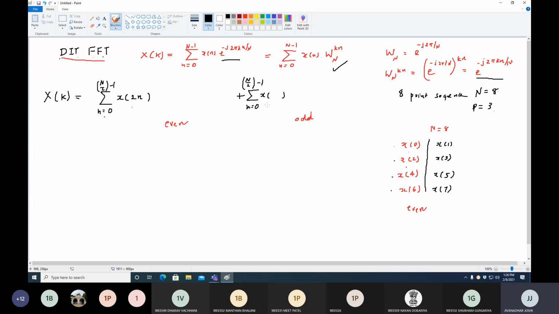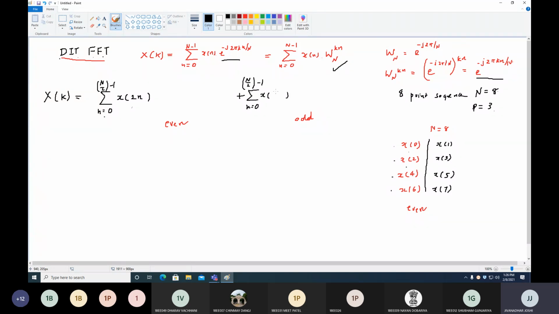Okay. Similarly, here I need to write something that will pick up the odd terms. 2n minus 1? 2n plus 1. 2n plus 1 is the correct thing, right? That's why always simulate the things.